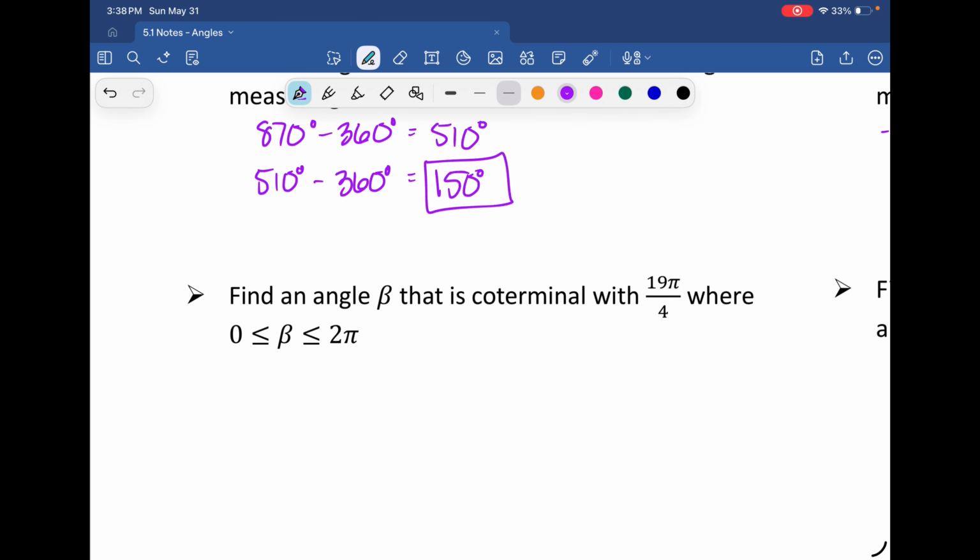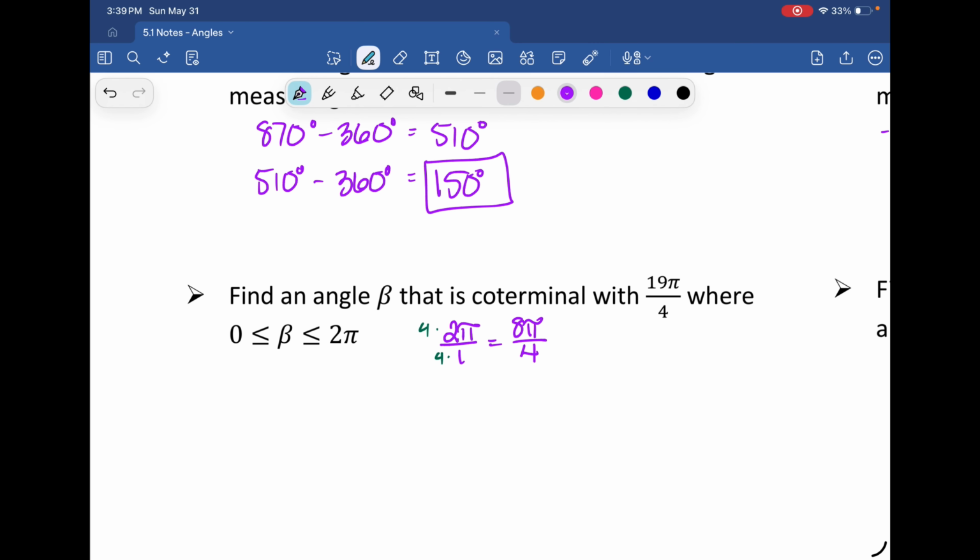Find an angle beta that is coterminal with 19 pi over 4, where beta is between 0 and 2 pi. So the first thing I want to do is figure out what 2 pi is when it's over 4. So I'm going to put 2 pi over 1 and change my denominator to 4. If I had to multiply the 1 by 4, I have to multiply the 2 pi by 4, so it's going to be 8.